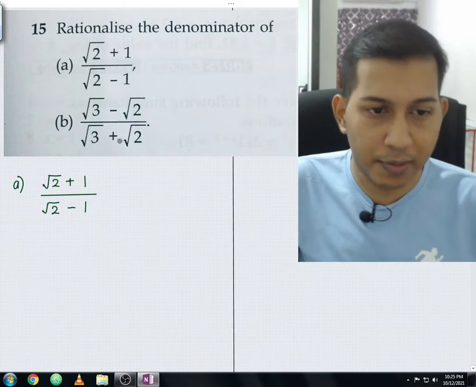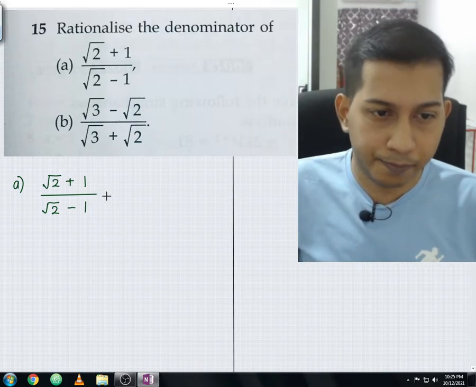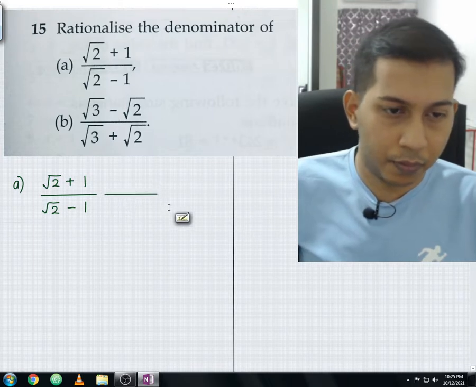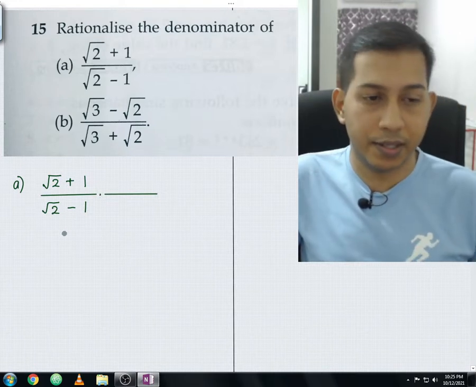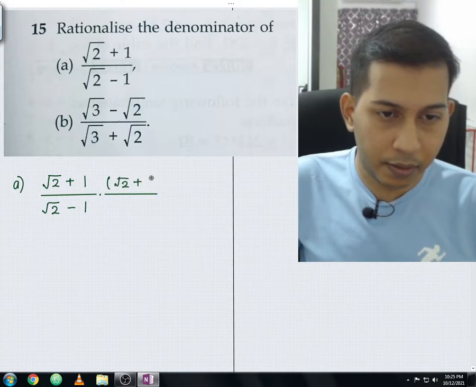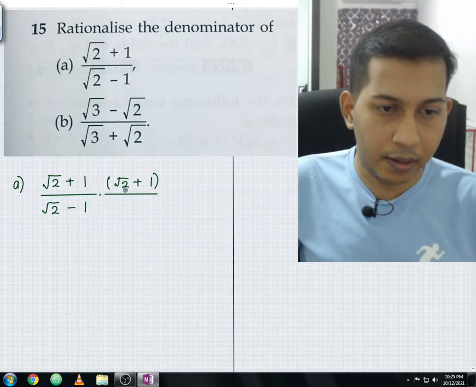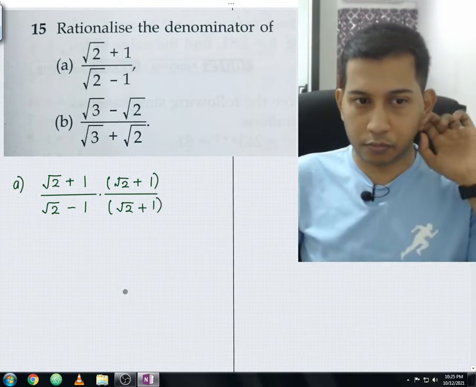From here, let me draw another fraction line. Let me just put a dot here to indicate it is a multiplication. In a bracket, √2 + 1, and then for the denominator, √2 + 1.